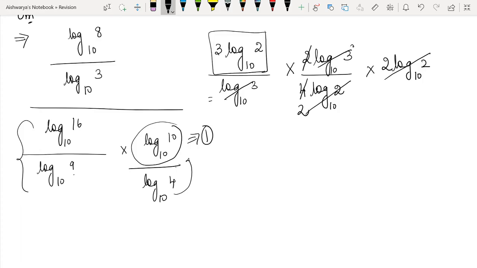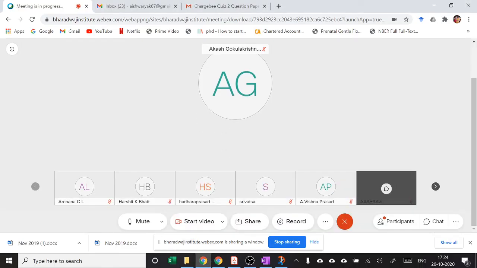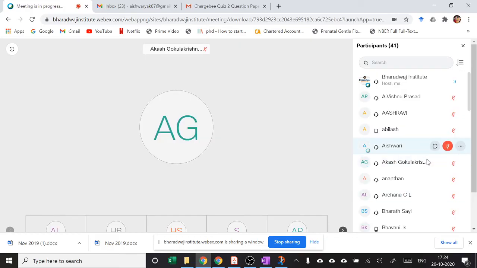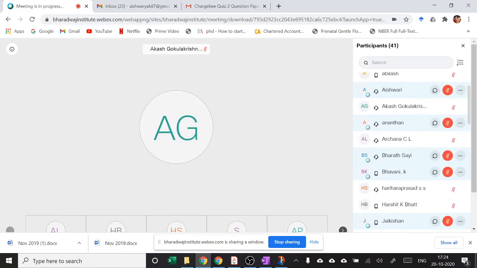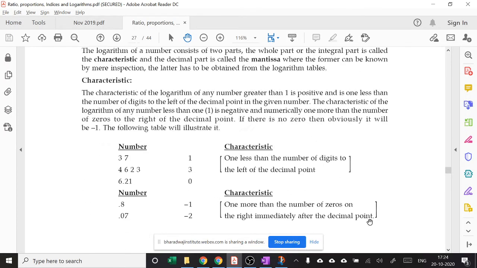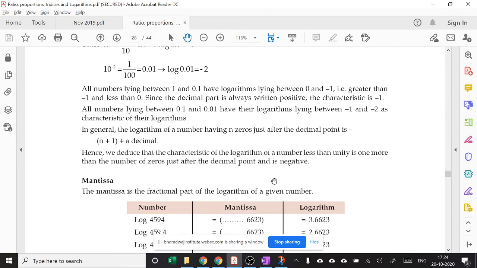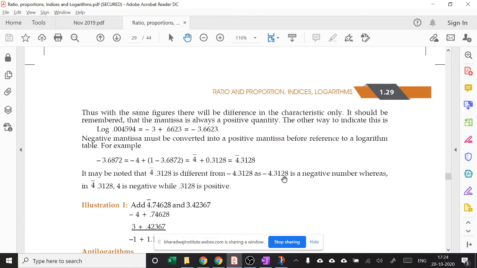Okay. Good problem. All of you are able to follow. No issues, right? Audible, everybody? Okay. So this was a good question. Let us look at some other question now. This question beautifully captures changing the base to 10 and how that change of base is helpful.